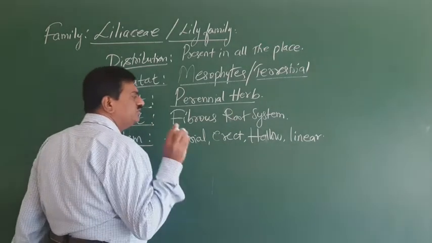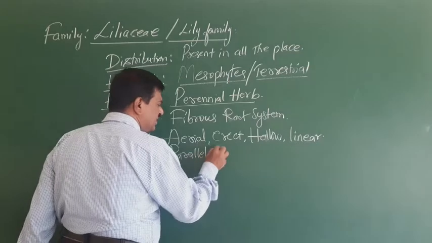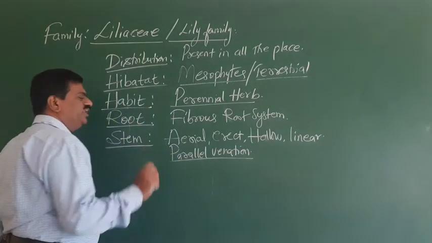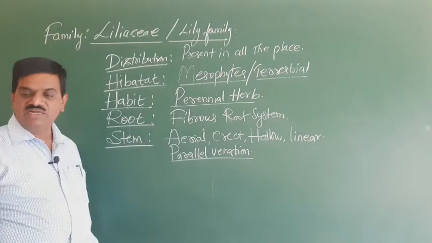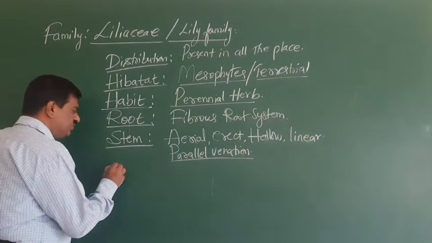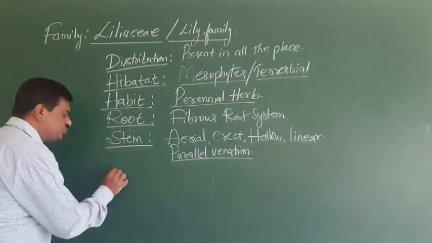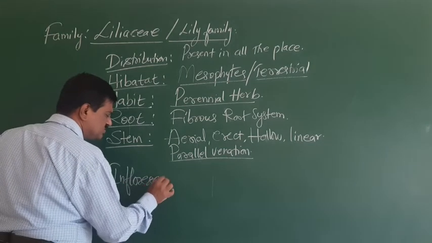And here the venation is called as parallel venation. Arrangement of veins and veinlets is called as venation. Because it is a monocot, we are going to use the word parallel venation. So we go for, after the root stem, the next one is called inflorescence.